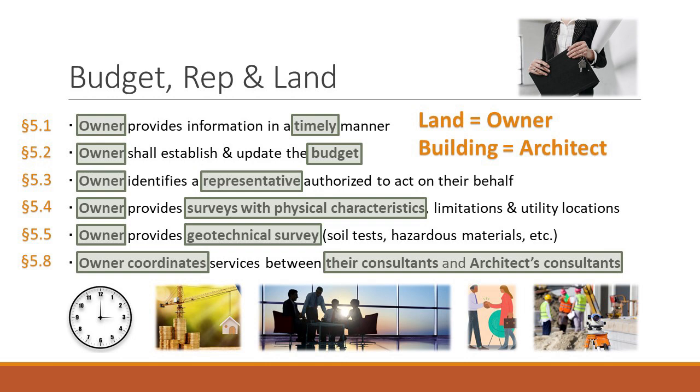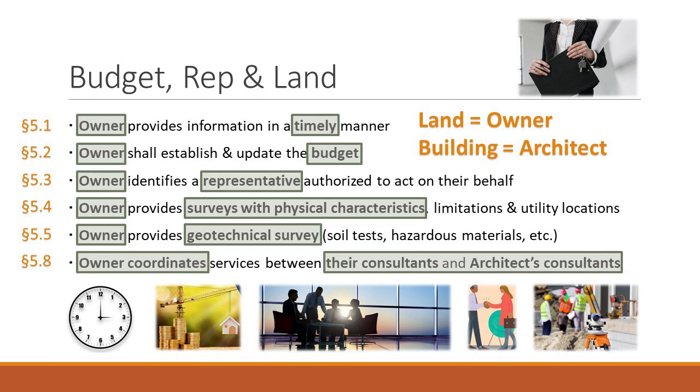So the architect, when it does its designs, is knowing the four corners of the property, where the building needs to sit, and the structural loads, that's your geotech and soil bearings, as to what type of building and how the foundations are supposed to be. So the architect provides this certain type of engineering that relates to the building itself. Owner provides information relating to the property.